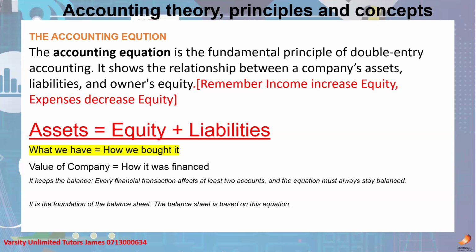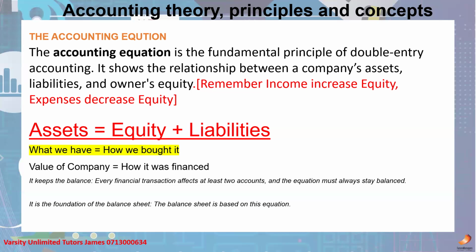Did we buy it using liabilities? Or the value of the company is equals to how did we finance this company? Did we finance it through an issue of shares, or did we finance it through debt, the capital structure of the company? So whenever you record anything in accounting, it affects this equation.